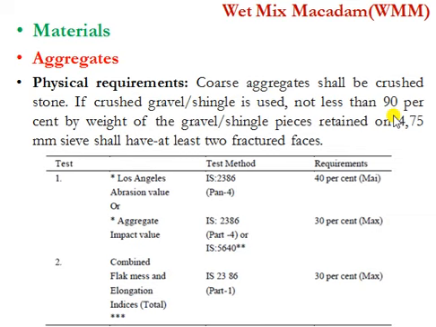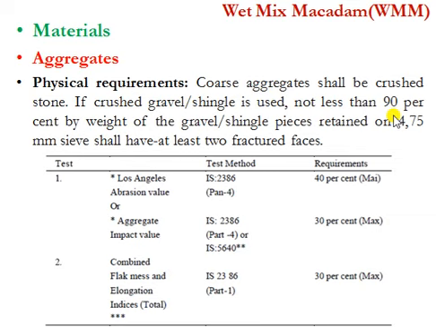The fraction of material passing through the 4.75 mm sieve shall also be crushed, run screening only, and the aggregate shall conform to the physical requirements set forth in Table 400-2 of MORTH or Indian Road Congress IRC 109, clause 3.11.